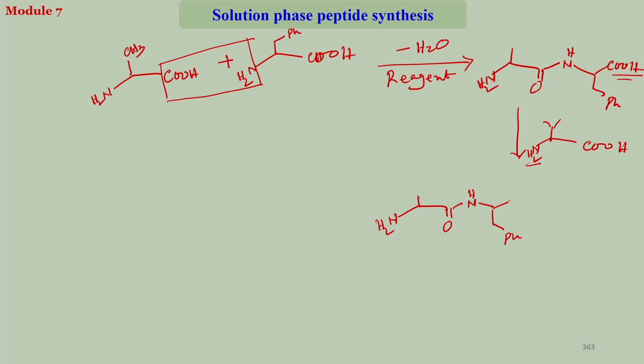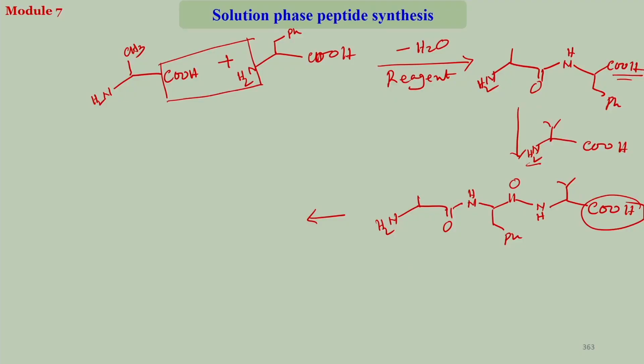This acid would become a peptide bond with phenylalanine, and you will have valine with another free carboxylic acid group. I know there are problems here, I am not talking about those right now. If you go on, you have three amino acids linked together now.